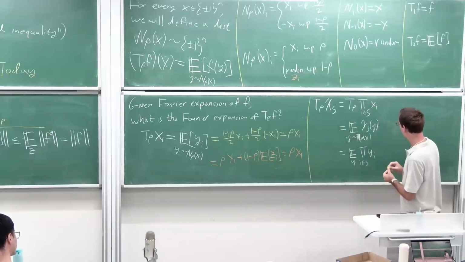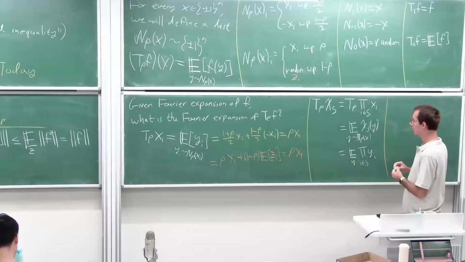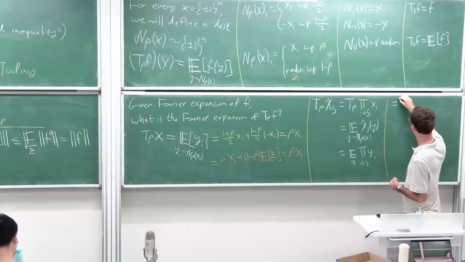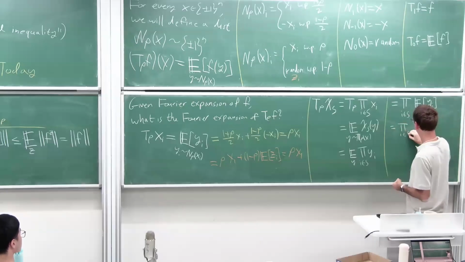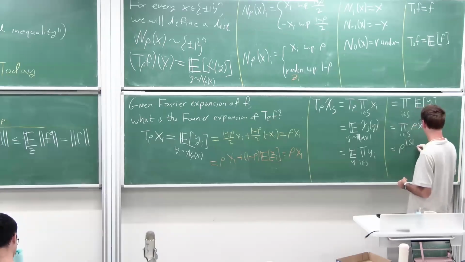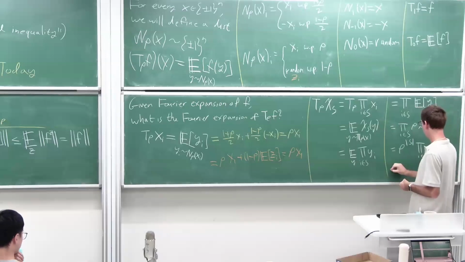Now, because everything is independent, this is the same as the product over i in S of the expectation of y_i, which is the product over i in S of rho times x_i, which is rho to the power |S| times chi_S.